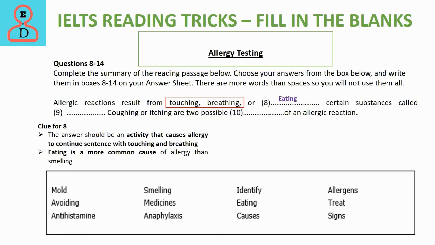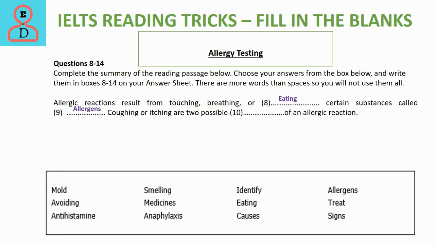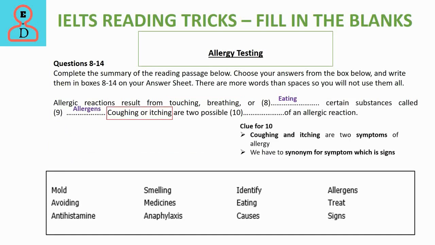For blank 9, your general knowledge should be good because it is common knowledge that substances that cause allergy are called allergens. In blank 10, the clue is the words coughing or itching.